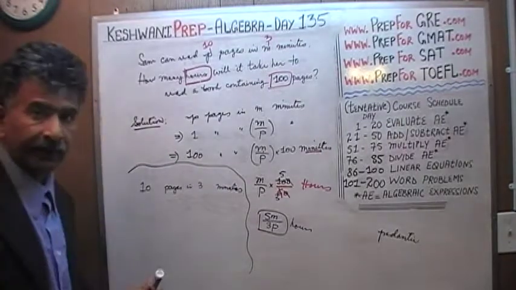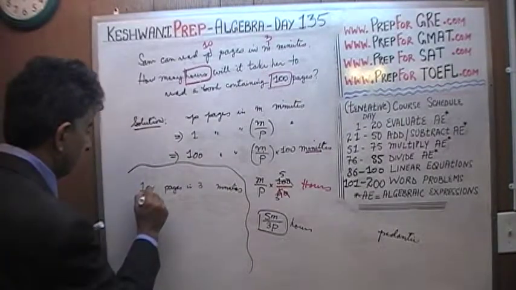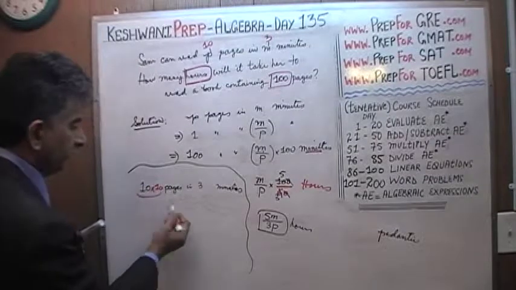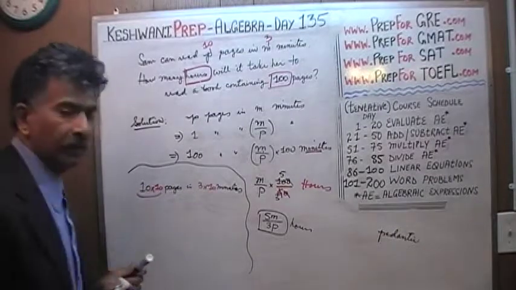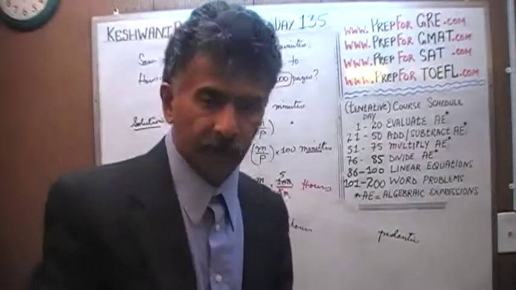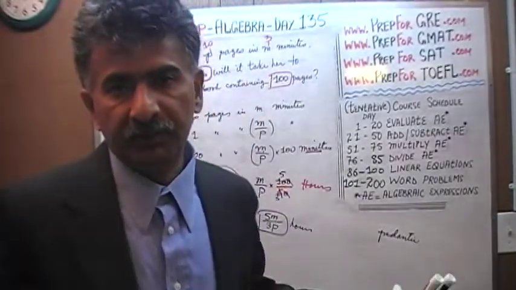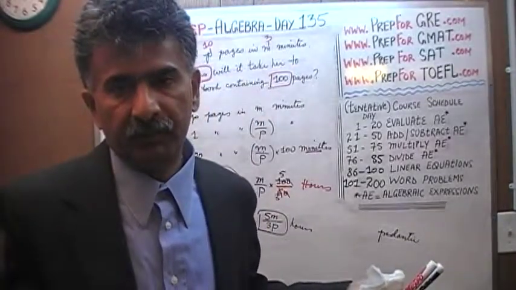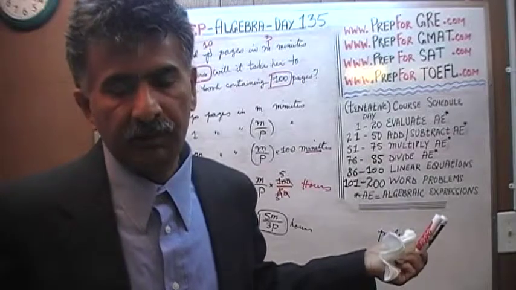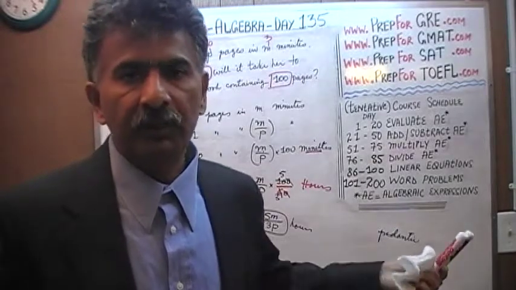That implies that if you want to read 10 times the number of pages, 100 pages, it should take 10 times the amount of time, that's all. If 10 pages are in 3 minutes, then 100 pages, which is 10 times the number of pages, should take 10 times the amount of time. So instead of 3 minutes, it will take 30 minutes.